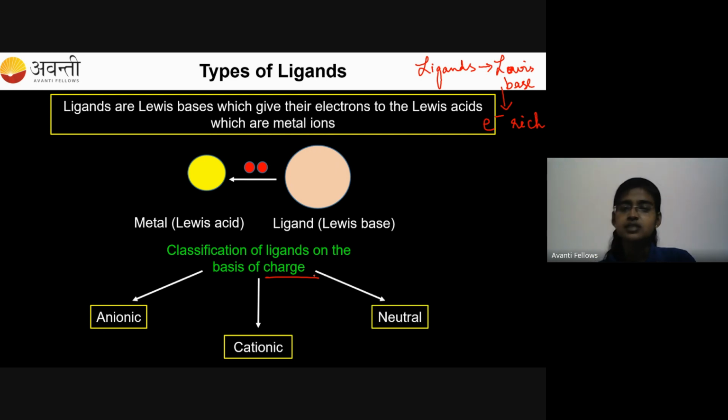Anionic ligands, cationic ligands, and neutral ligands. Negatively charged ligands are anionic, positively charged are cationic, and the ones with 0 charge are neutral ligands. Let's see some examples for all the 3 types of ligands.